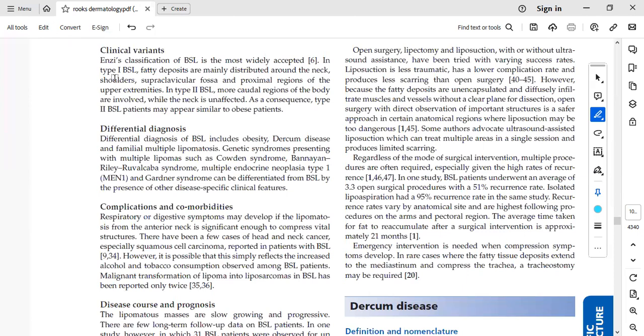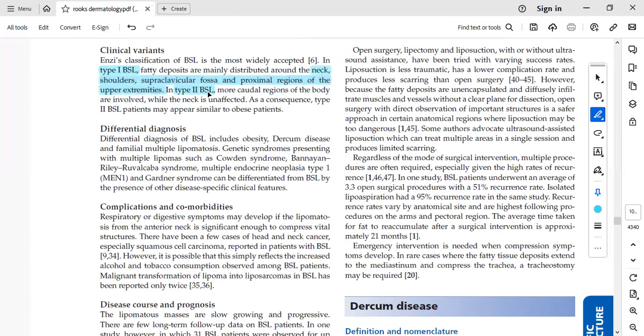The clinical variants of BSL: Fontana's classification is most widely accepted, which has type 1 BSL and type 2 BSL. In type 1 BSL, the fatty deposits are mainly distributed around the neck, shoulders, supraclavicular fossa, and proximal regions of the upper extremities.